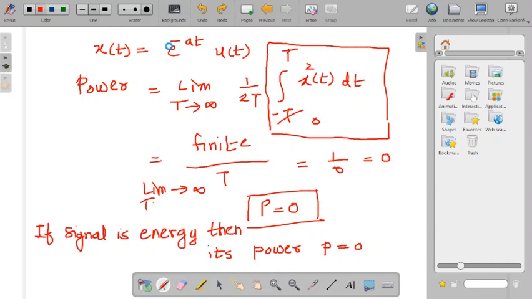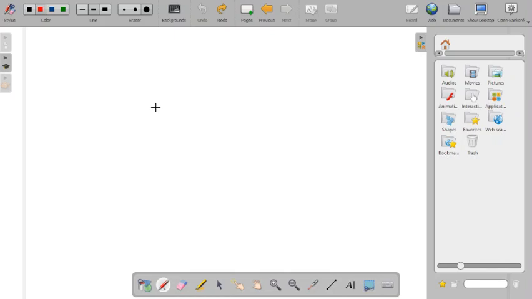Okay, so continuing with the same slides, we'll take another example. Here in this case we'll take some different signals, to understand how to calculate energy and power.